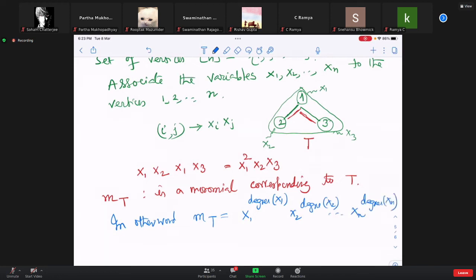That means, given a tree, I can associate this monomial with it, which is the same as a product. So as Aditi said, I just wrote it. See, the degree of x1 is 2, and the degrees of x2 and x3 are 1 and 1. They are leaves, right?